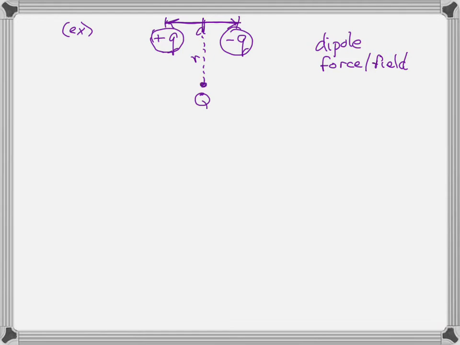So big Q is right here. And big Q is what will be our test charge later. It's the charge we're going to take away. So what is the force on big Q?